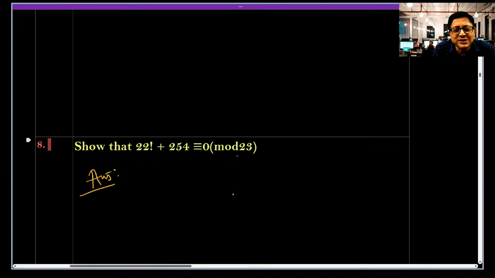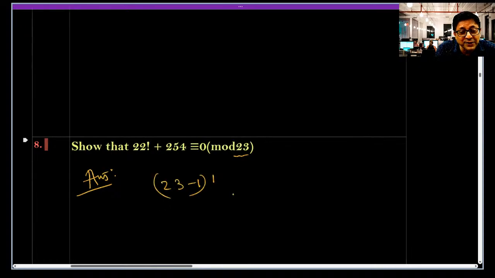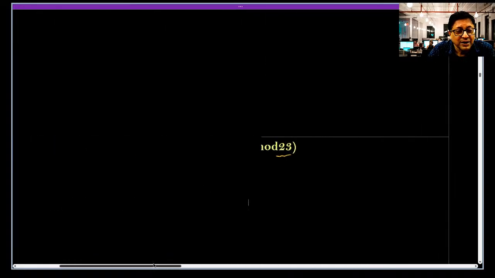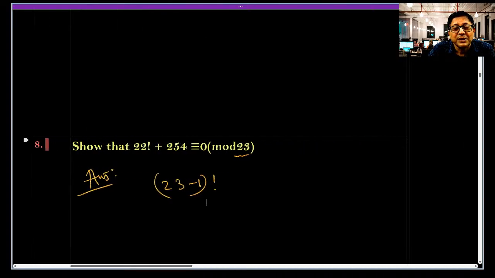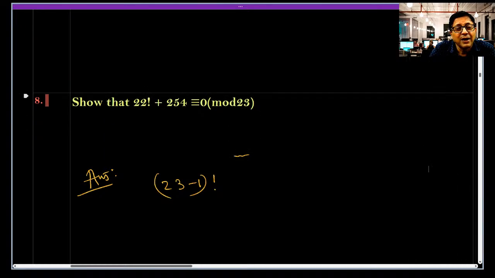I told you to look at this term always and then use Wilson's theorem. This is a prime number. So (23 minus 1) factorial is congruent with what?